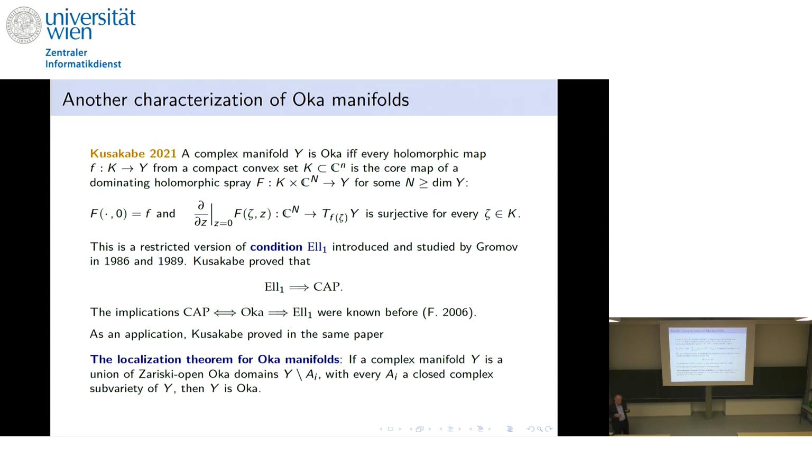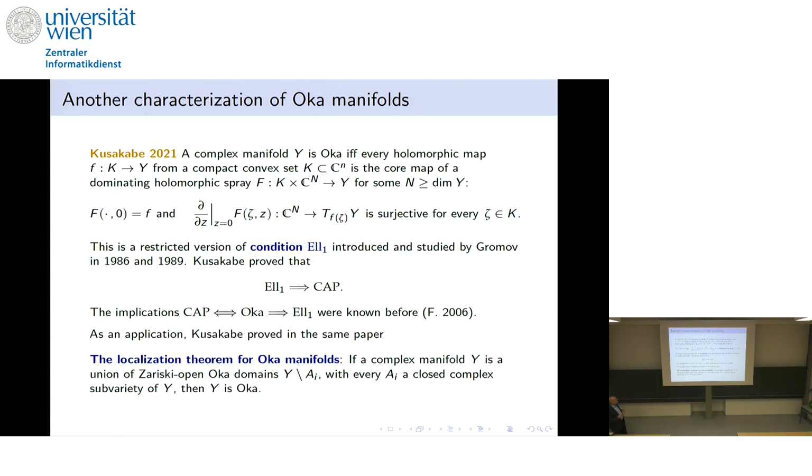So I'm going to tell you some of the new things which happened since then, and now we have many new techniques to work with. So the subject has been really revived. So Uta, first of all, proved the following. This is a characterization which was also proposed by Gromov, but Gromov really didn't do anything about it. I mean, this condition L1 was present in his paper.